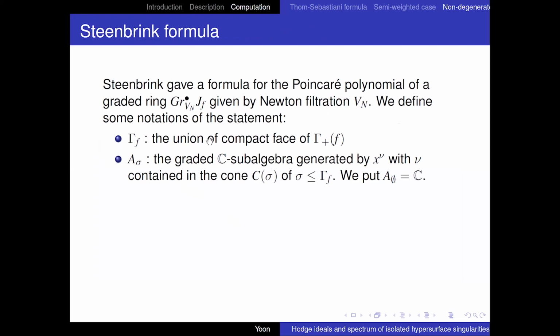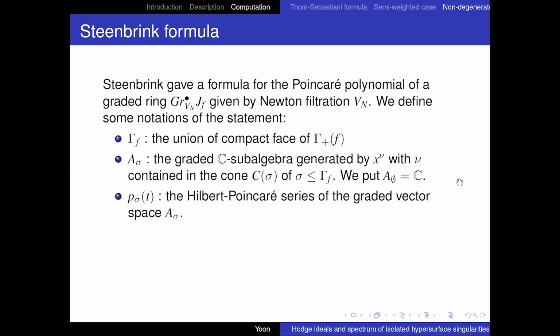We have a Newton polytope, and we have a graded associated algebra generated by monomials in the form of sigmas, and from that algebra we can calculate the Hilbert-Poincare series, and then we define another polynomial, which is given by 1 minus t to the d sigma of sigma, times the Poincare polynomial of that graded ring.